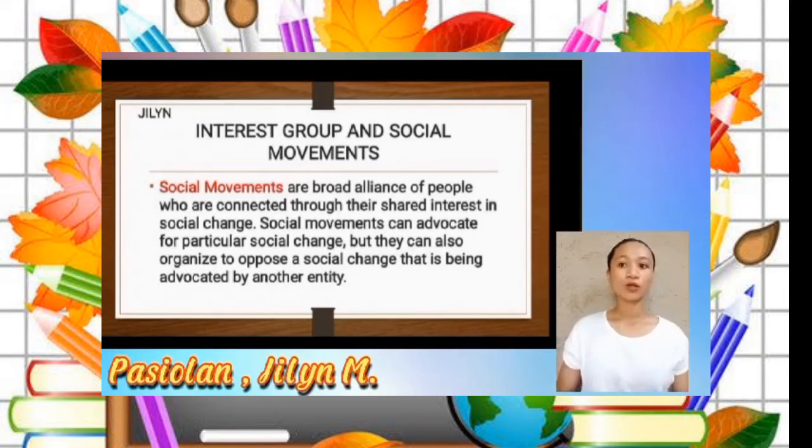Their goal could be a policy that exclusively benefits group members or one segment of society, or a policy that advances a broader public purpose. And social movements are large informal groupings of people who act together against power holders around a common cause in response to situations of perceived inequality.